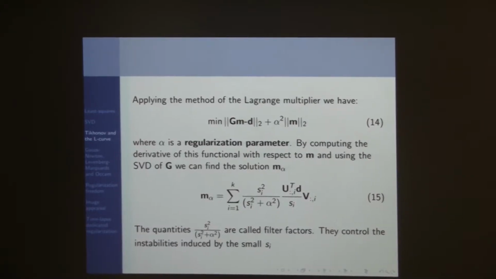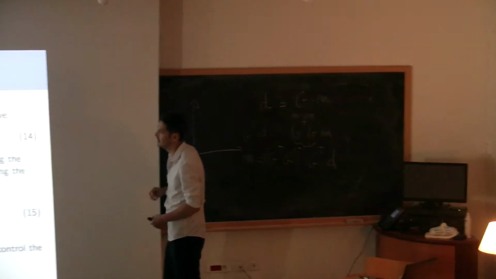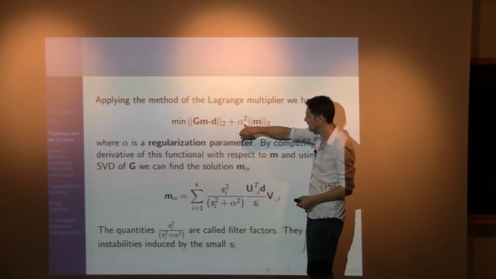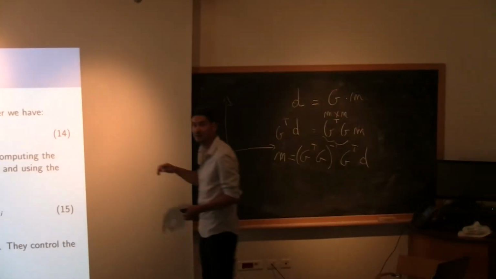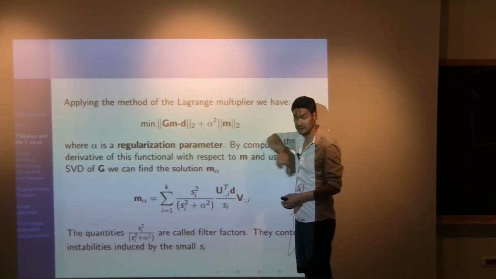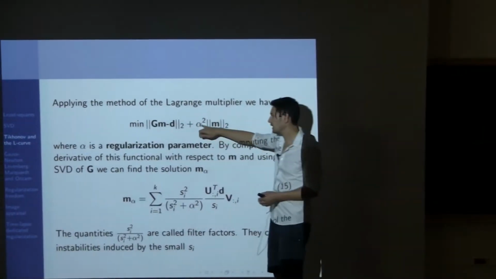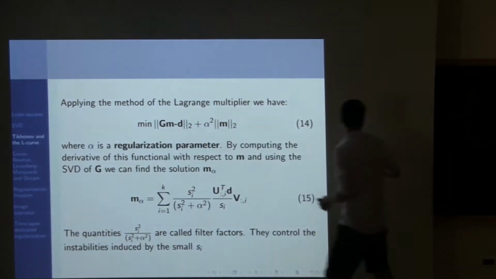So if you put those two norms on the axes here, if I put a really high value on the alpha, all I'm going to do is minimize the norm here that is on M, right? And the opposite, if I take a really low value for alpha, then I'm going to basically only minimize the data misfit. So I'm going to have this type of curve, right?